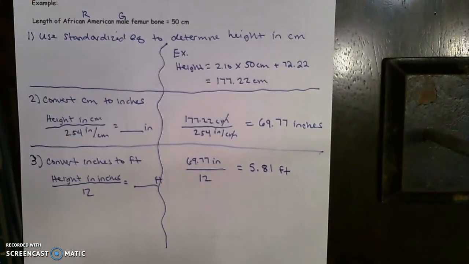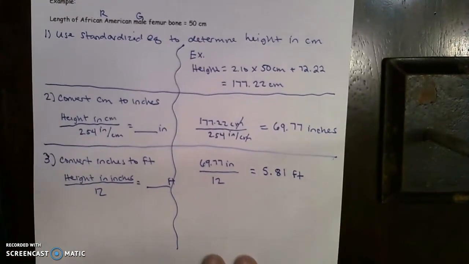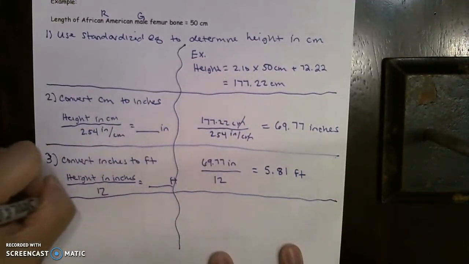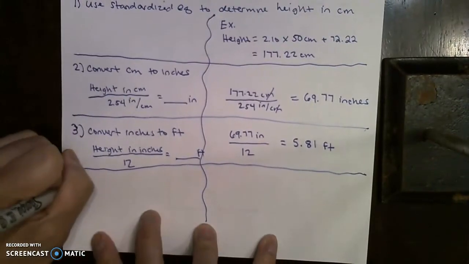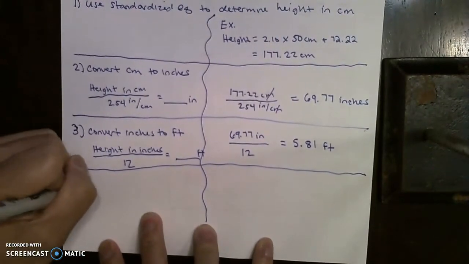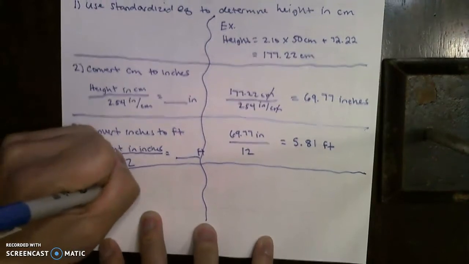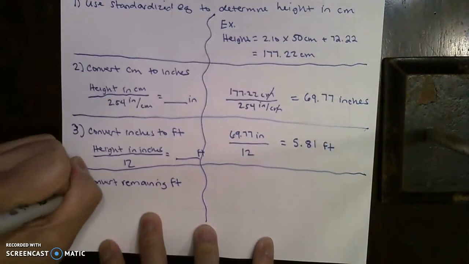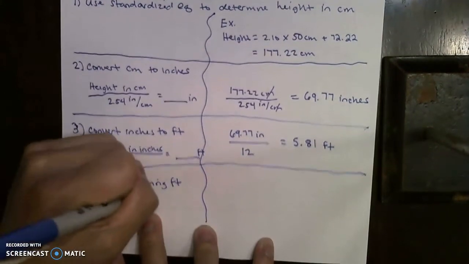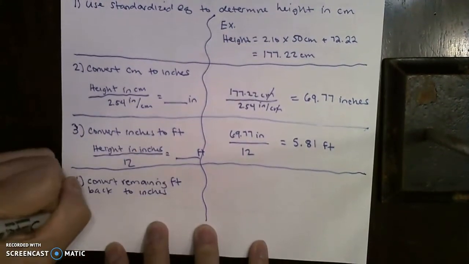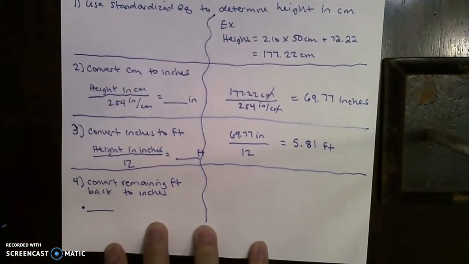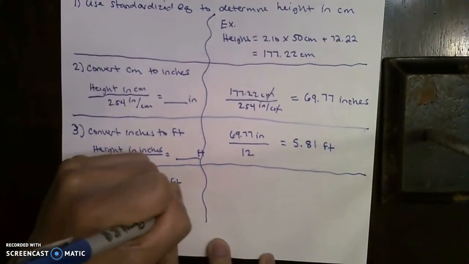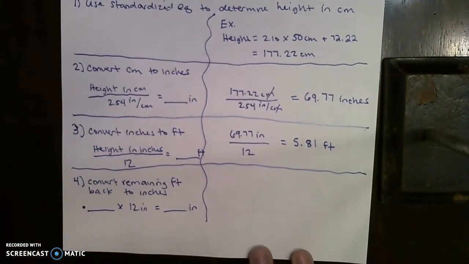This person is not 5 feet 8 inches. What I have to do to get 5 feet so many inches is step 4. I need to convert the remaining feet back to inches. So my remaining would be my decimal times 12 inches, and it's going to give me my answer in inches.